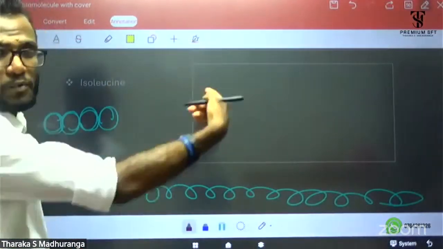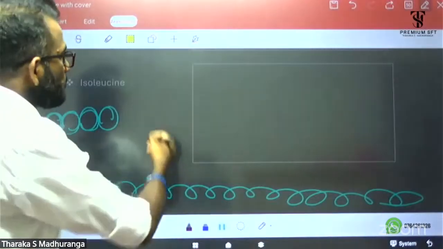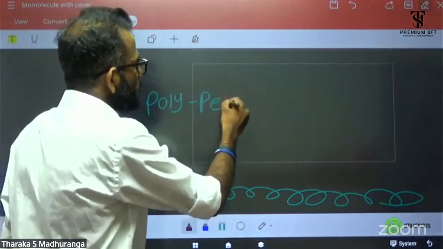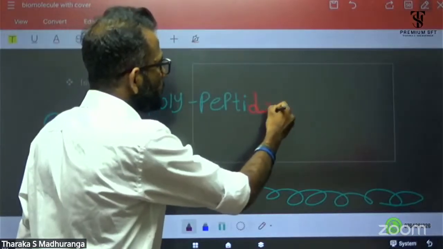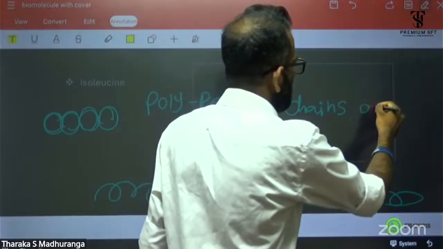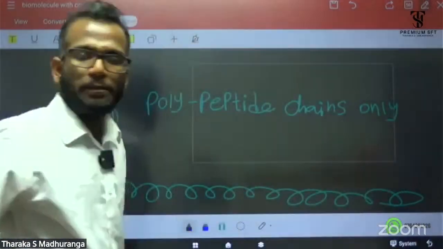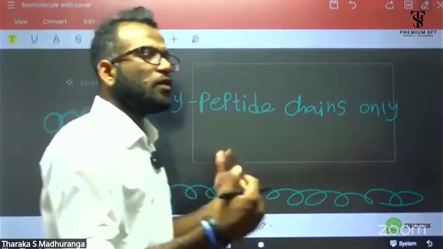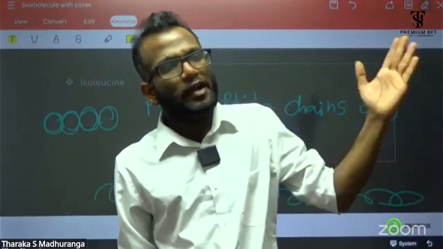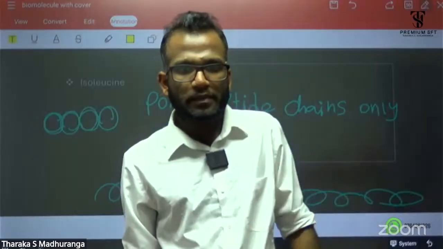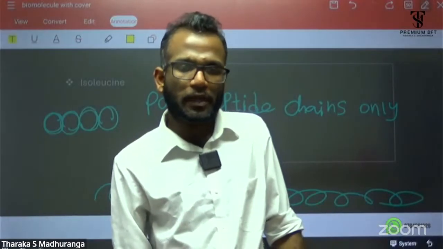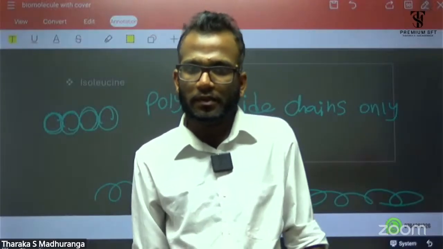Then what are proteins? Proteins are polypeptide chains only. Now, what do you think, how many amino acids are needed at least for a polypeptide chain to be a protein?